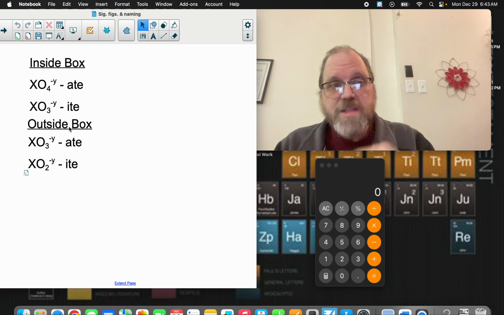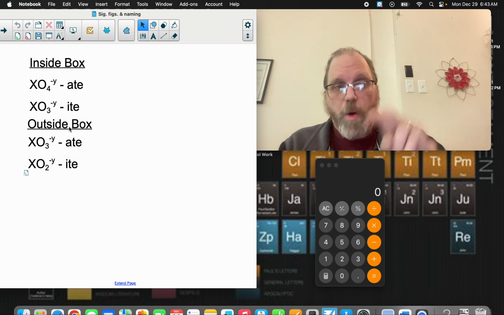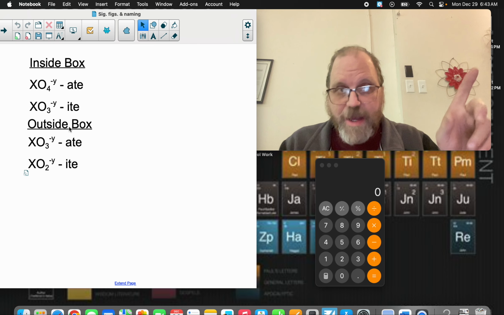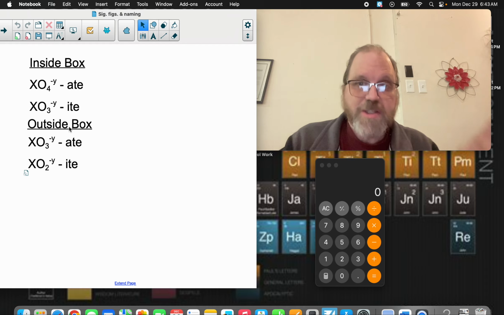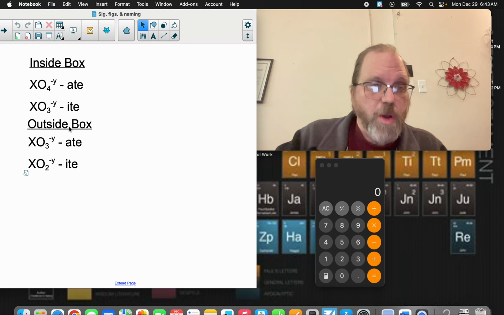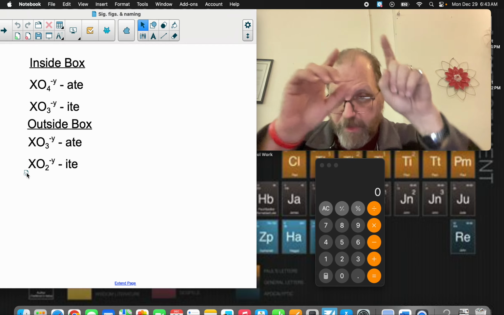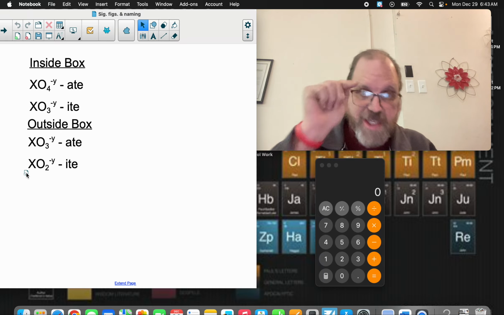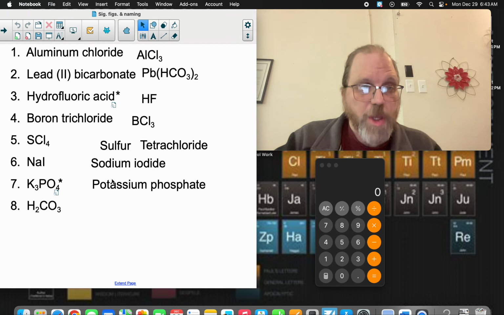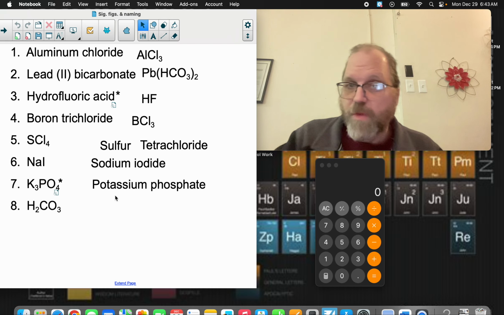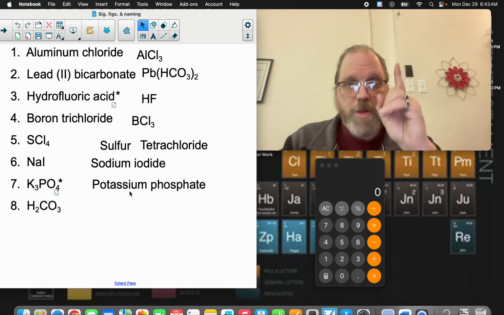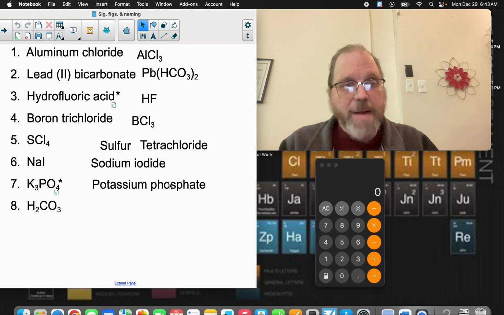If it's inside the box, O4 is an ate, O3 is an ate, outside the box. Inside the box, O3 is an ite, outside the box, O2 is an ite. All right? So if that's the case, if you look at our periodic chart, phosphorus is inside of that box. So it's an ate, so it's phosphate. Do I know the oxidation of potassium? Potassium is always +1, potassium phosphate, we're done.